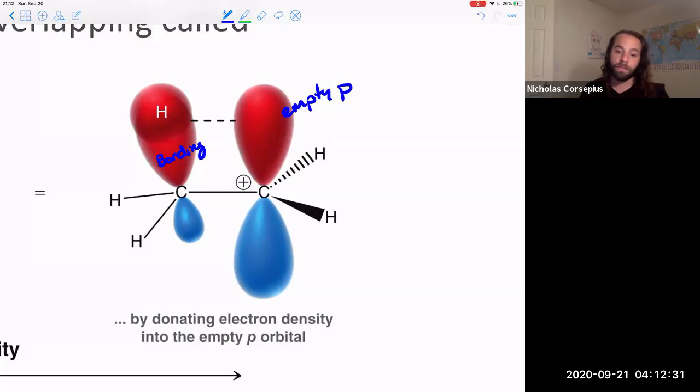And the more of those carbon-hydrogen bonds that I have to hyperconjugate with my empty p orbital, the more stable it is. So adding more carbons would increase the stability of that carbocation that much more. Hyperconjugation, rearing its ugly head.